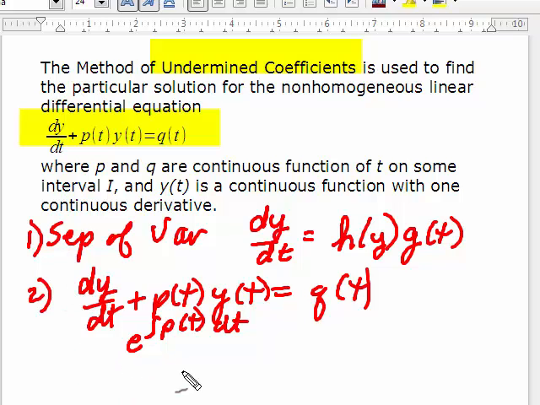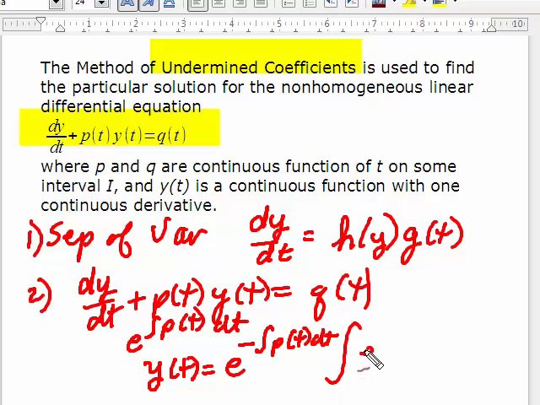I don't think that's too necessary. Once you understand the method, it really falls right out. The solution equals the integrating factor with a negative sign here times the integral of the integrating factor again times the forcing function q of t dt.